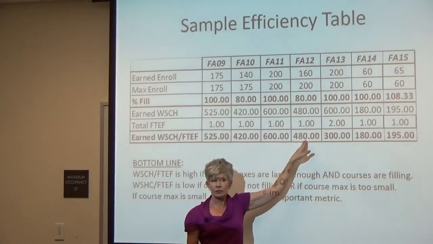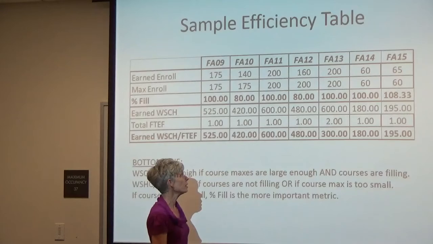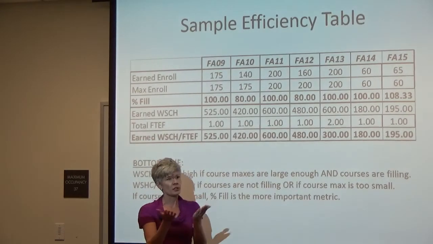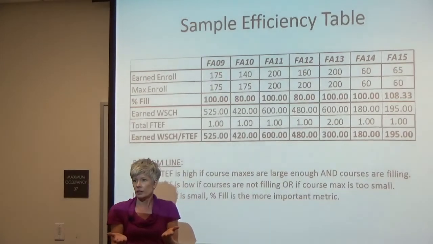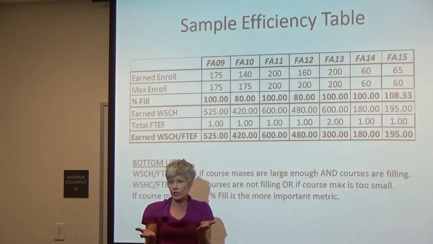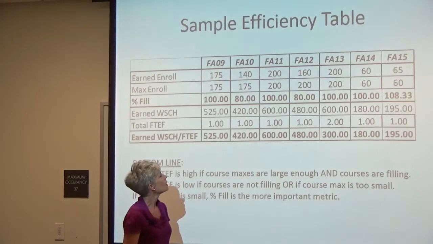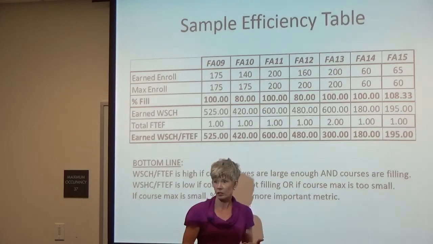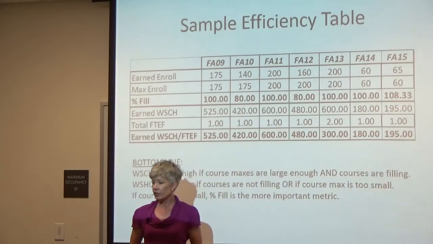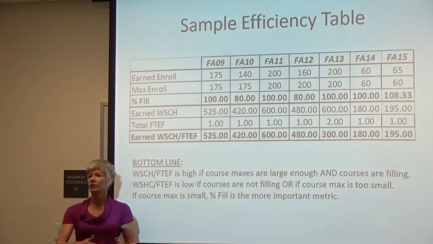Right? So there are several variables that go into whether we're above or below 525. One of them is this relationship between what the course is loaded out with and how many hours it meets a week. Fairly standard, but sometimes that's different. The other thing is how full the course is. So the percent fill is really important because if your class is more full, you'll have more wish.